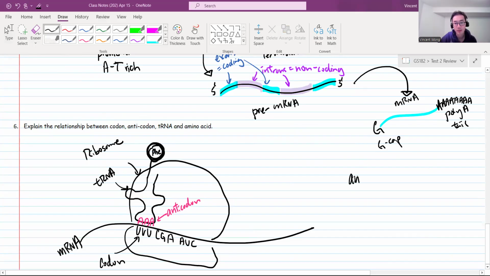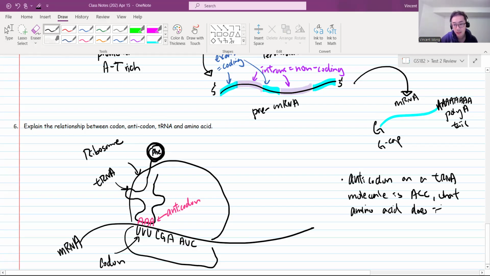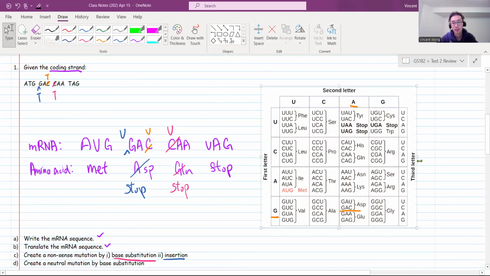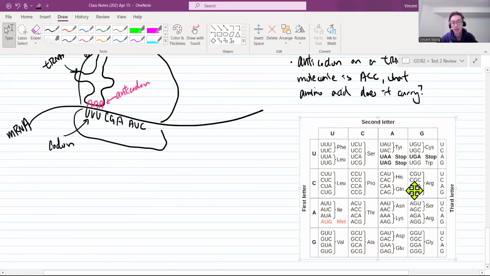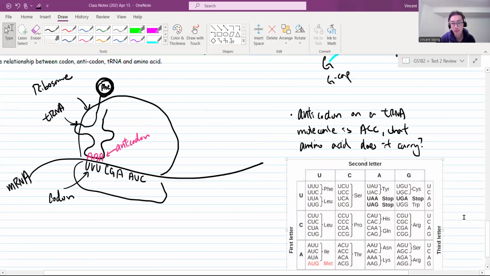For example, if I say the anti-codon on a tRNA molecule is ACC, what amino acid does it carry? Let's take a look.